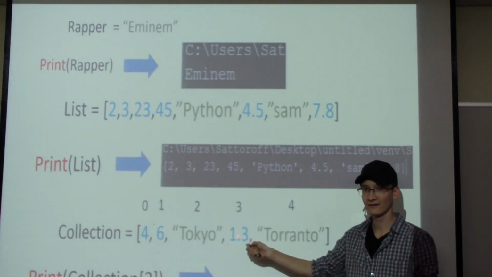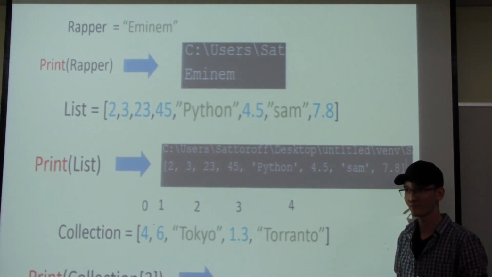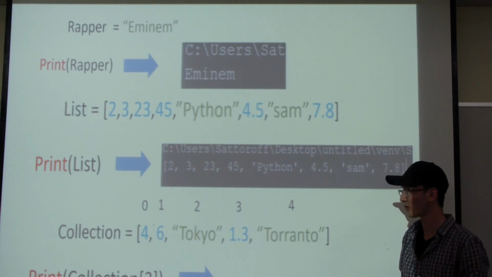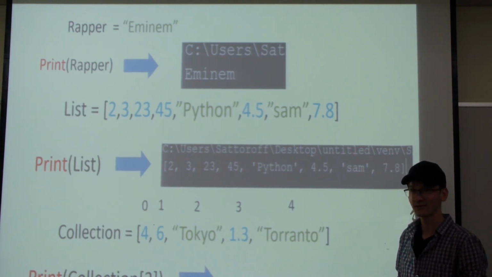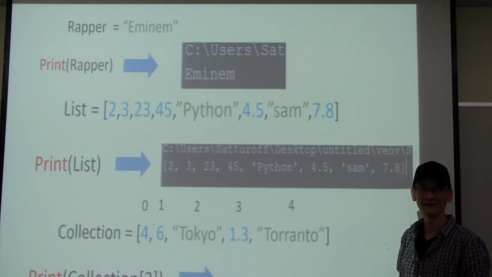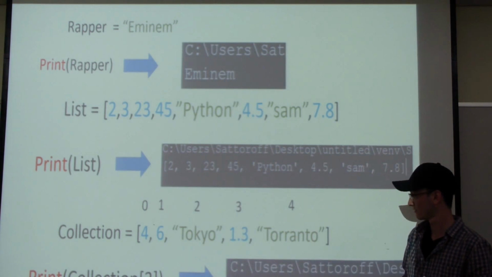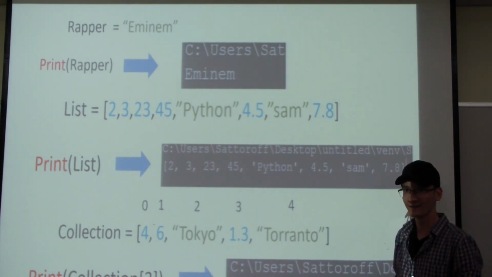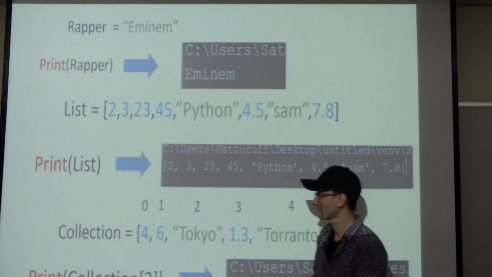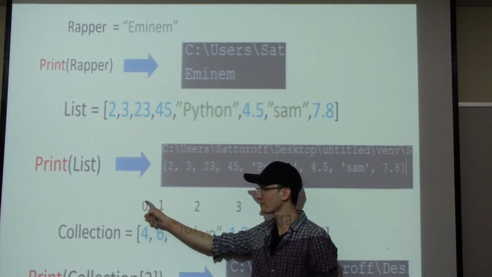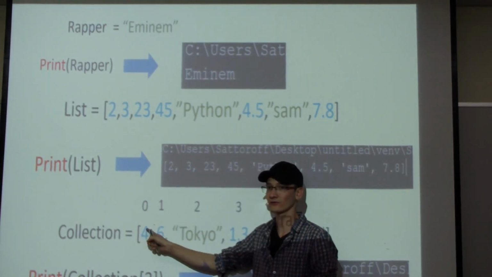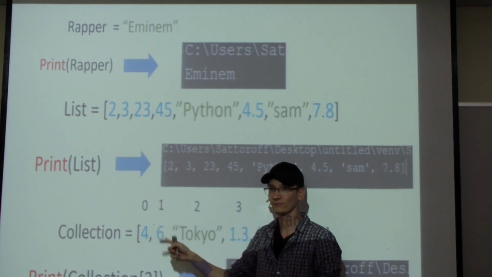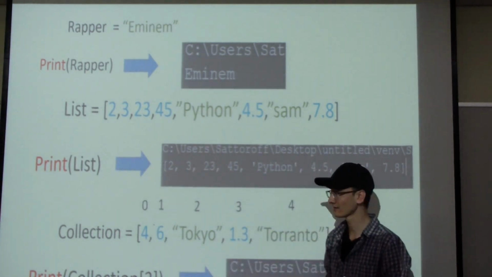Yes, 1.3, not Tokyo, because it starts from 0. The elements start from 0, not from 1. You understand?